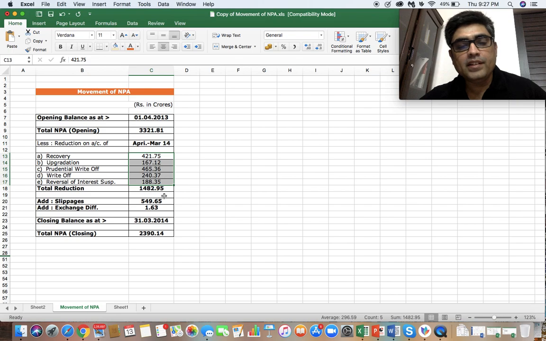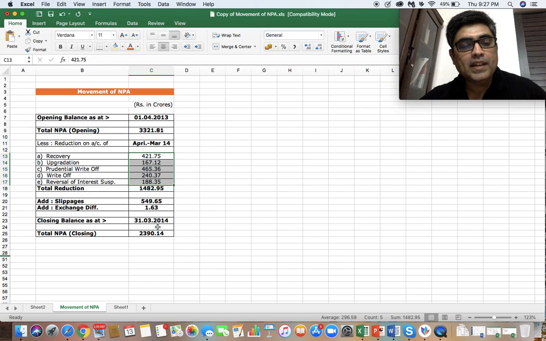So over here, let's take the value as 1482.95, right? On this value, then slippages also add on. So basically, in that particular year, how many accounts have moved into the NPA classification status, right? So here it is seen as 549.65, and there may be some NPA classification happening on account of exchange difference, 1.63.